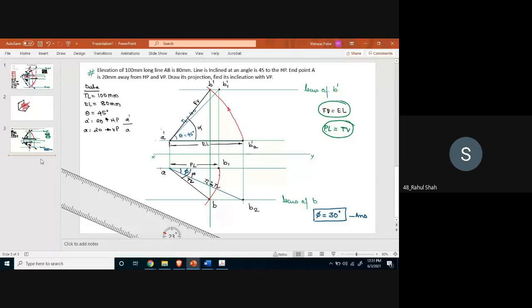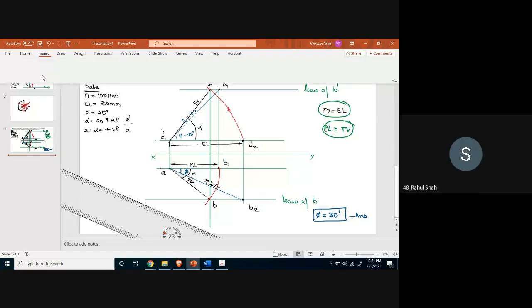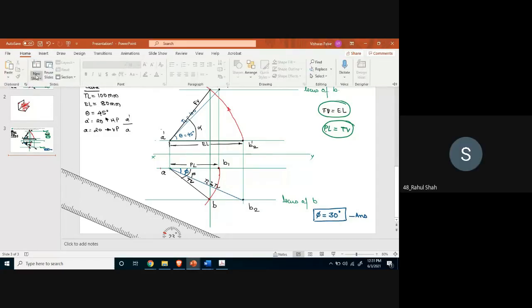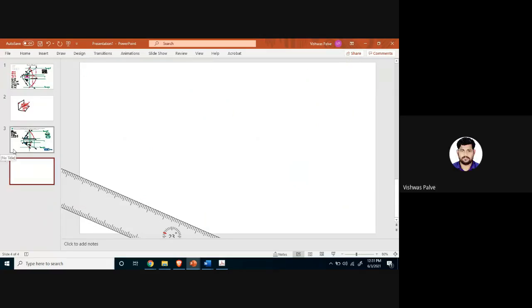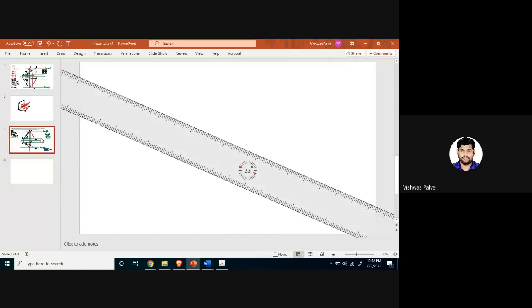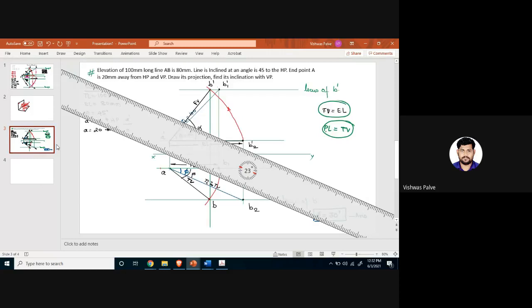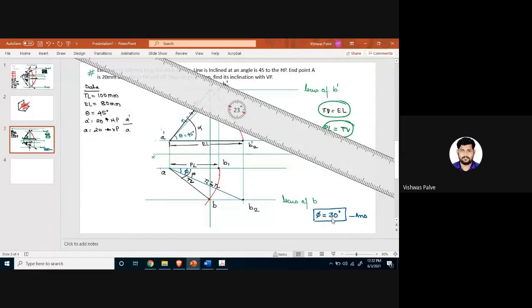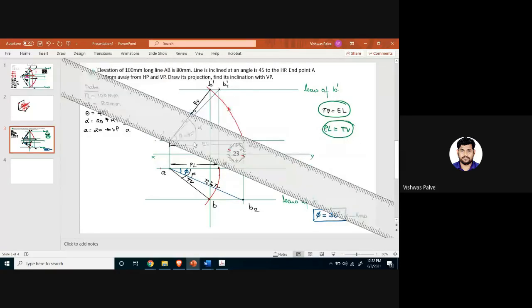Hello sir. Yes, tell me. Sir, my phi value is coming 35. Yes, now see how it happens, I will tell you what the problem is here. When everyone draws, there can be a few errors, manual errors it's called, right? So in the examination, if you are drawing perfectly, then the angle is 30 degree, and few students are getting 32, few students are getting 28, both will be considered as correct, because 1 or 2 degree here and there will be due to manual error, because we are drawing it with scale.